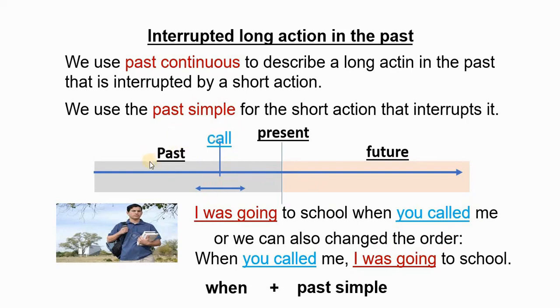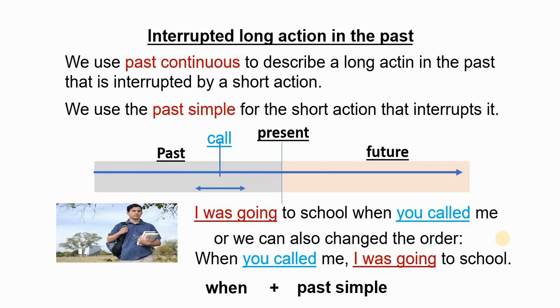This is a short action, and when the call arises, we are going to school. I was going to school when you called me. Alright? So I was in the process of going to school when you called me.